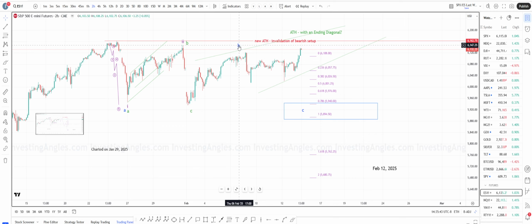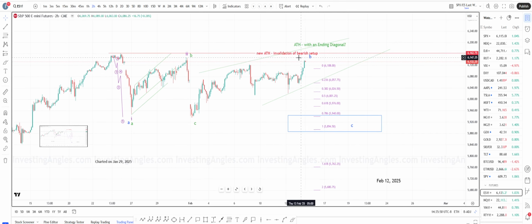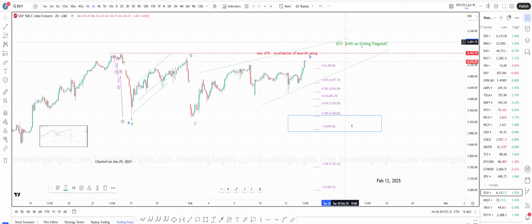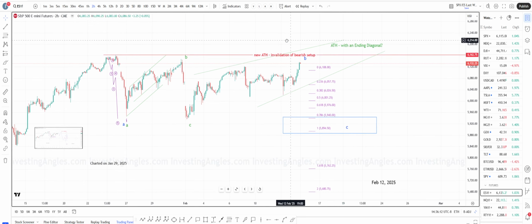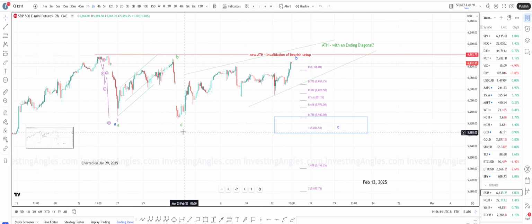Most likely this is wave B here, with potential for wave C. However, the index needs to keep its price below the all-time high in order to reliably form the ABC. Other than that, I am more and more leaning towards the ending diagonal moving towards the all-time high.